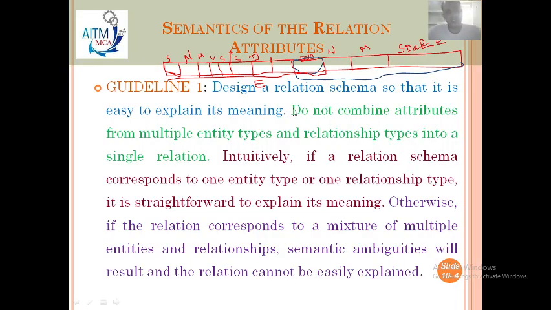See, what is this? Do not combine attributes of multiple entity types. It means if a relation schema corresponds to one entity type like an employee, or a relationship type, it is straightforward to explain its meaning. See here now, I am discussing only the employee. If the employee table is separate, then I can easily explain its meaning. What does employee mean? Employee details.